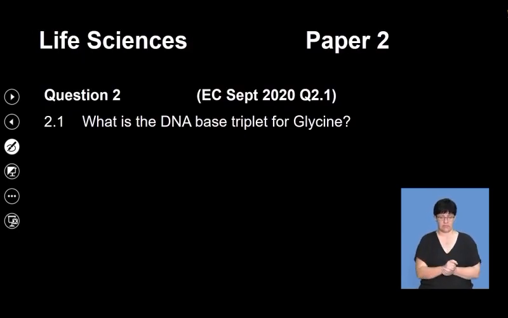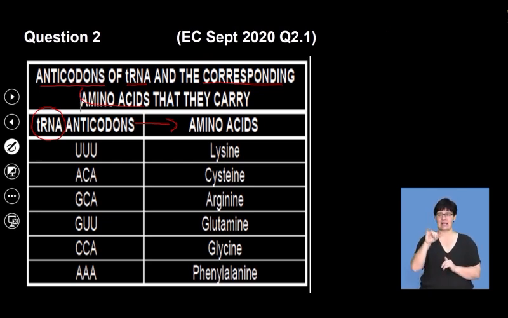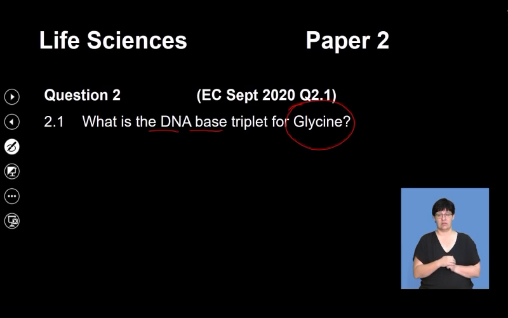What is the DNA base triplet of glycine? I'm going to go back to this table and let's look at what glycine is. So glycine is coded for by CCA, and that is a tRNA, guys. So note that.